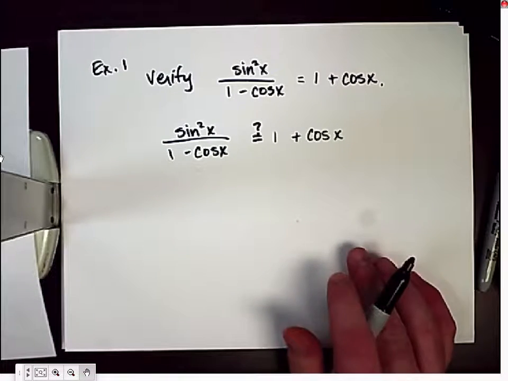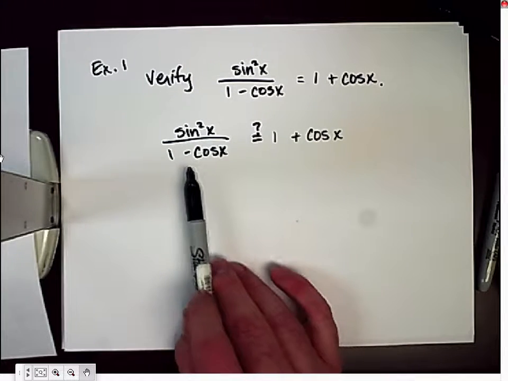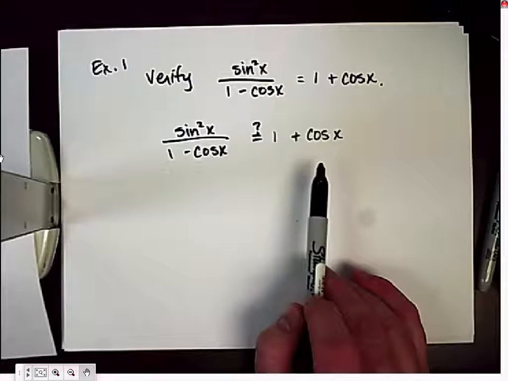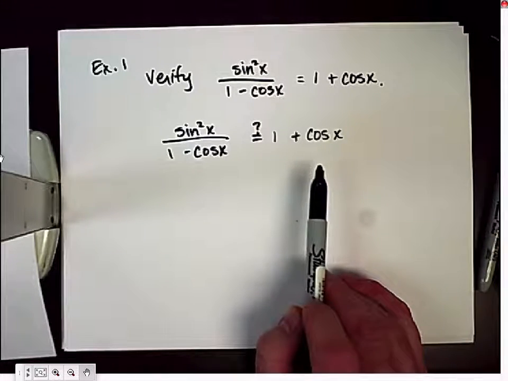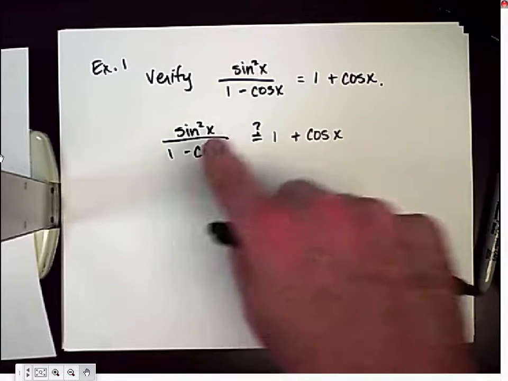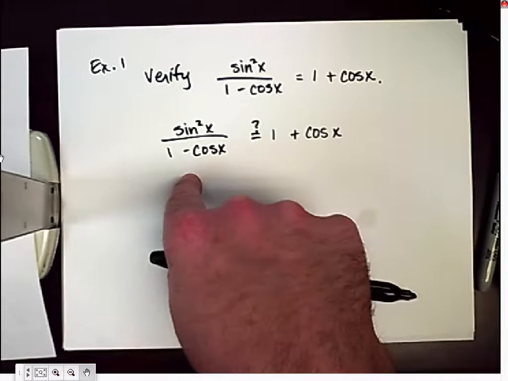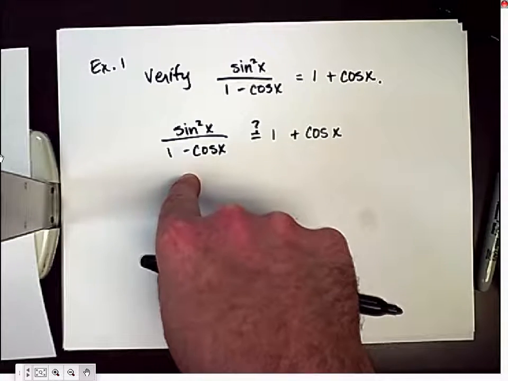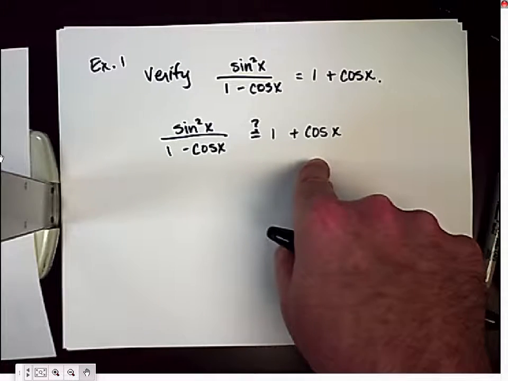Well, if I look at this, I say, okay, what's over here that's not over here, trig function-wise? There's a sine over here, there's no sine over here, right? So we need to get rid of sine over here, and hopefully once we get it to all cosines, it will simplify to that. Okay?